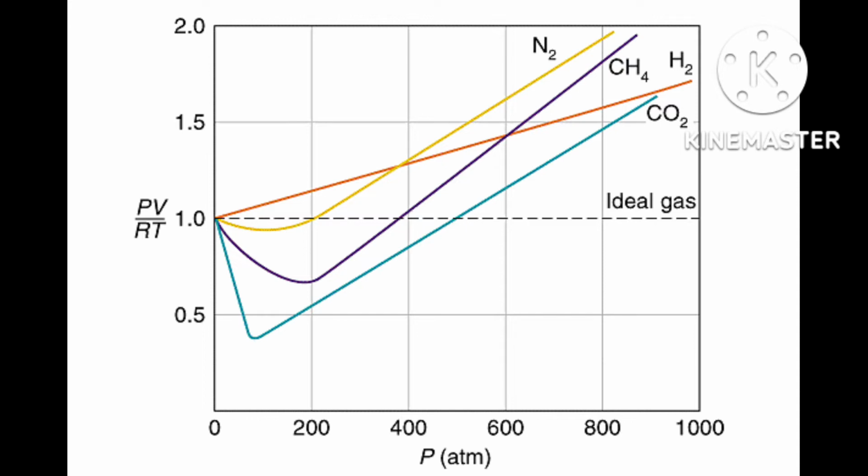Up to what pressure a gas will follow the ideal gas law depends upon the nature of the gas and the temperature. The temperature at which a real gas obeys the ideal gas law over an appreciable range of pressure is called Boyle's temperature or Boyle's point.